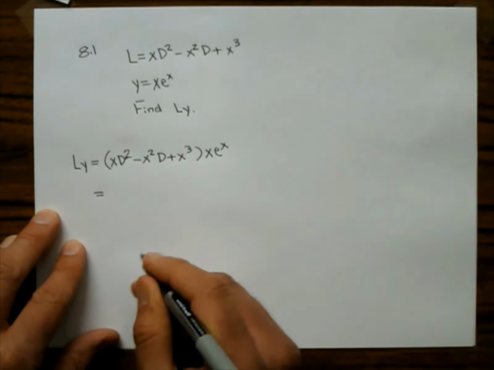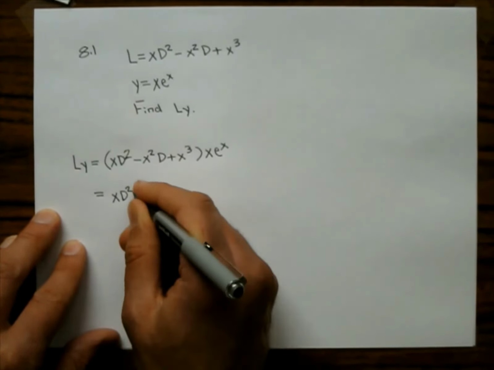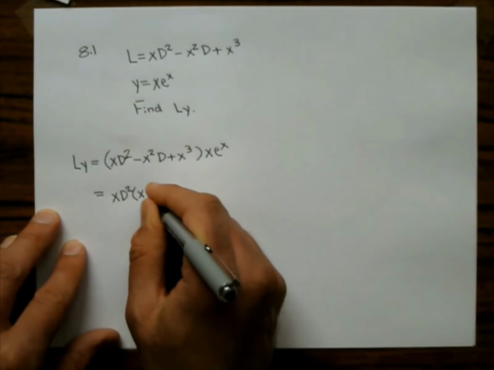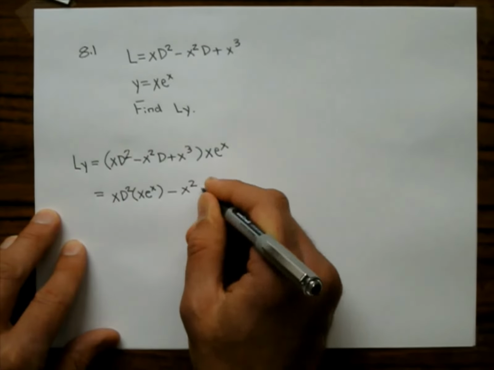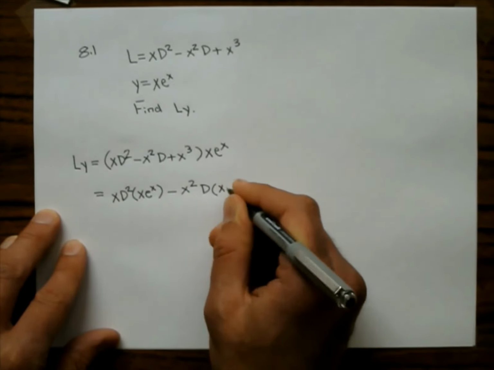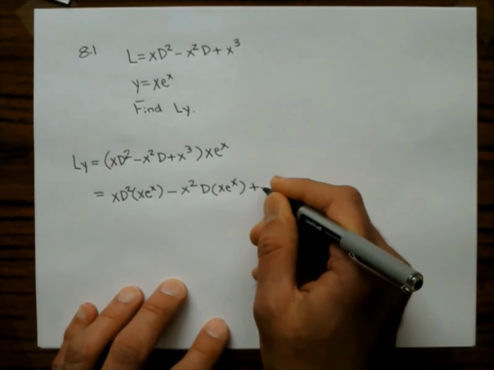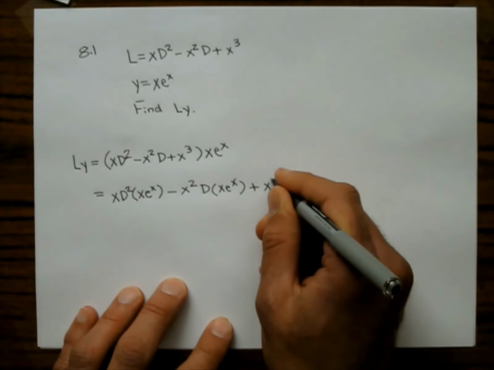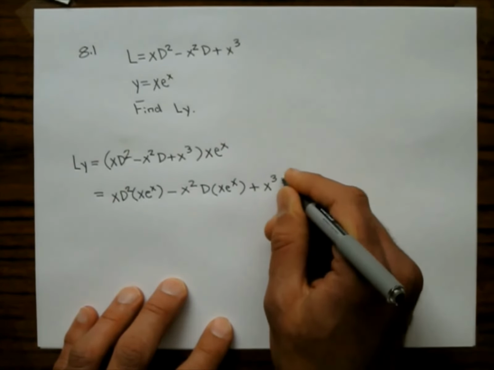So let's go ahead and write this out. We get xd squared, and then this is x e to the x, minus x squared d x e to the x. And then the last one is x cubed, and then we have x e to the x.